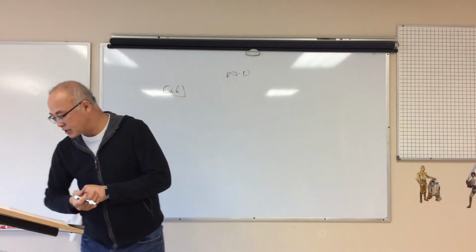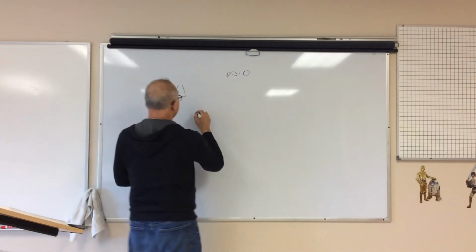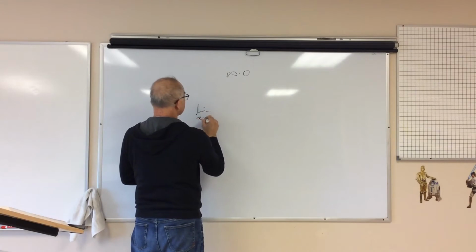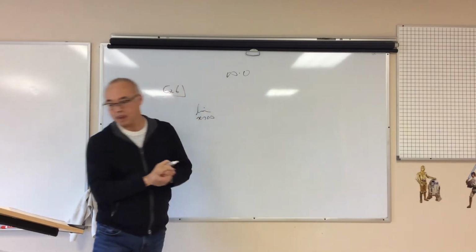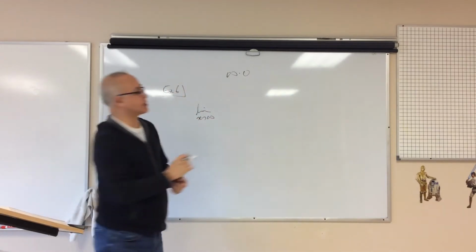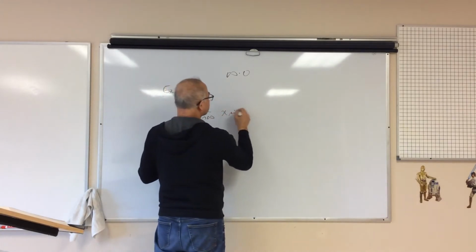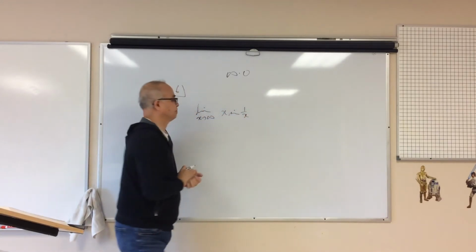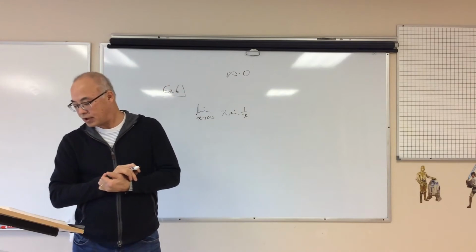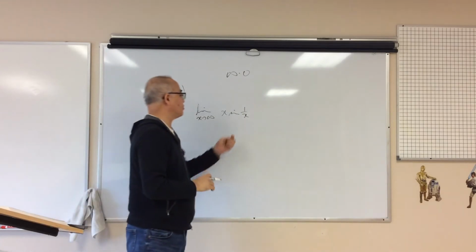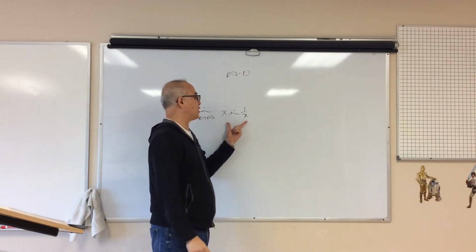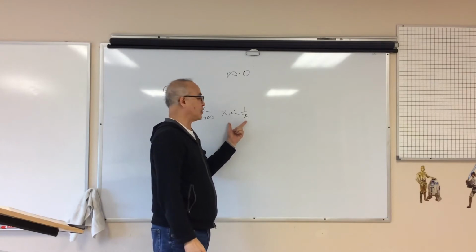If you look at example number 6, it says the limit as x goes to infinity of x times sine 1 over x. The trick here is to realize that we do not know this, but we know something that looks somewhat similar.